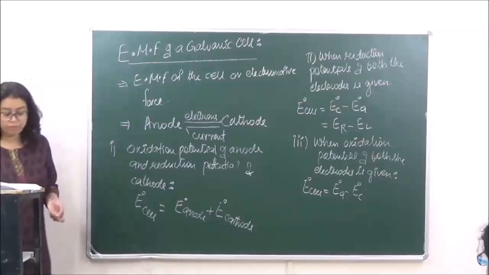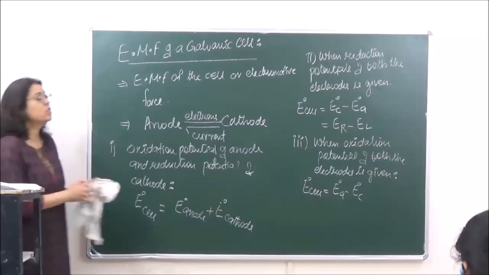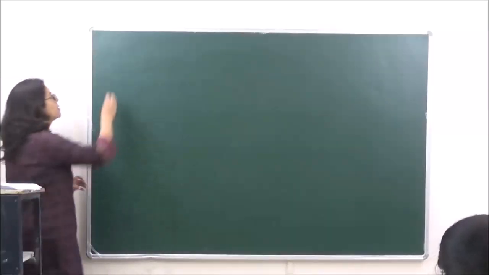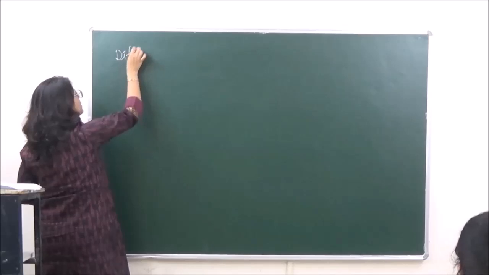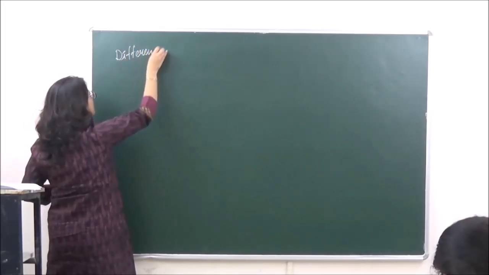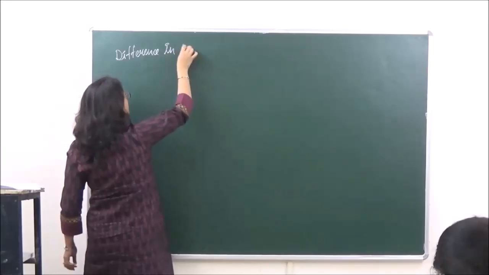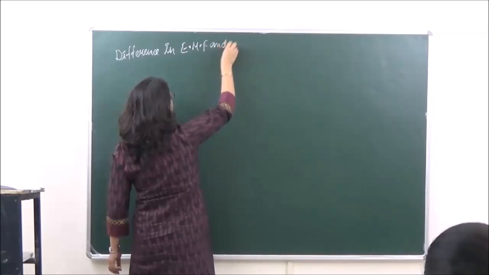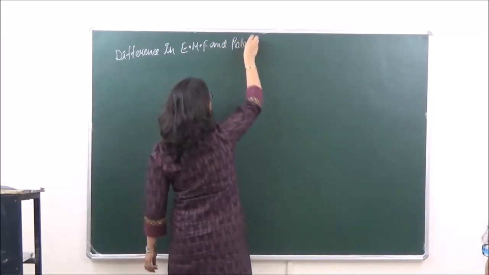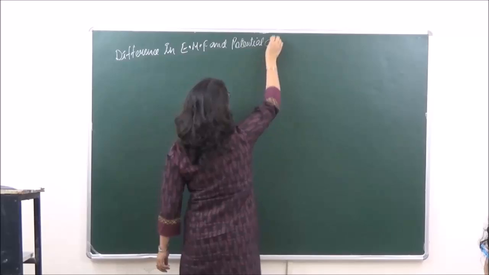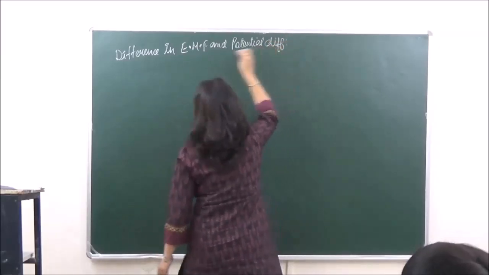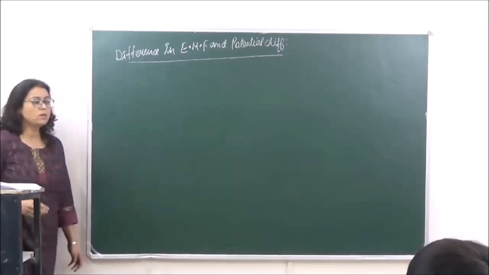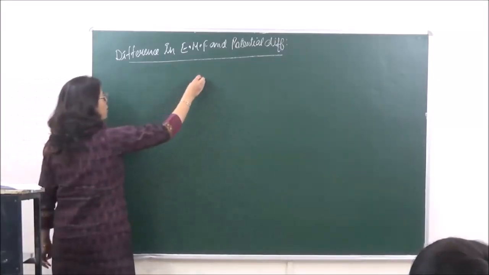So let's see what is the difference between the EMF of a cell and the potential difference of a cell. We are going to do it in a tabular form.